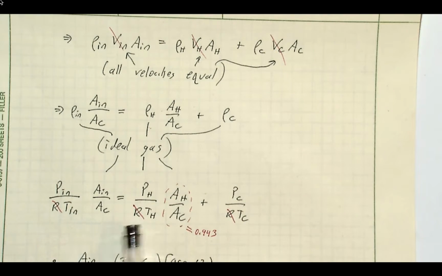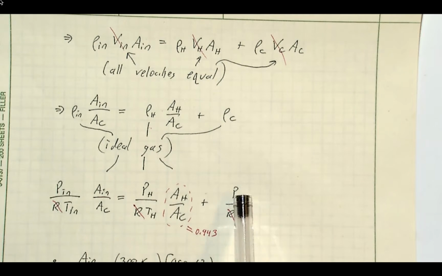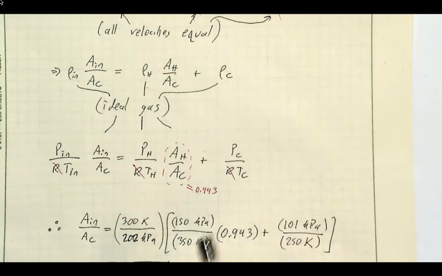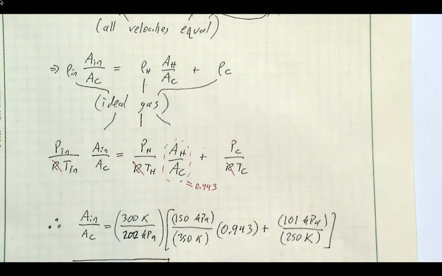All of the terms are going to have an R, a gas constant, on the bottom. And then we have pressure in, pressure hot, temperature cold, pressure hot, temperature hot, pressure cold, temperature cold. Those are all given in the problem statement, and we've determined this to be 0.943 from part A. Solve for the one unknown.